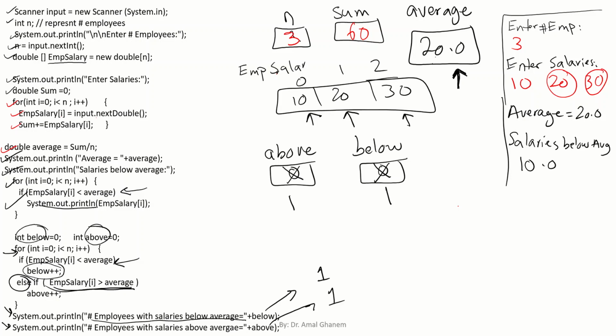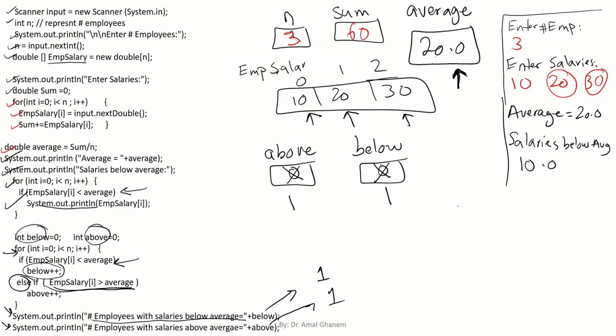So this is how we created the array, how we calculated the summation and average, and then also we had a search from the beginning till the end, and we output the salaries below average, and then we have two counters, one to count how many salaries we have below average and salaries above average.